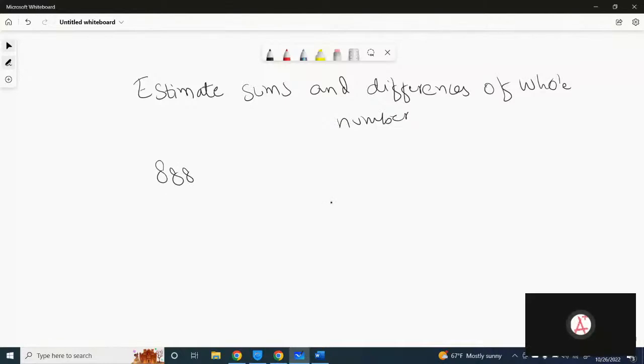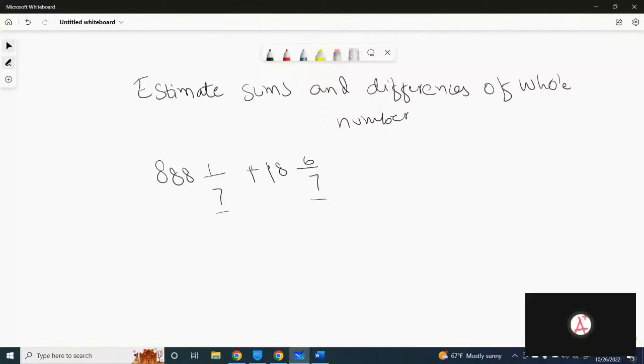888 and 1/7 plus 18 and 6/7. So you have to add them. Just look at the fractional part. For both fractional parts, the denominator is exactly the same.